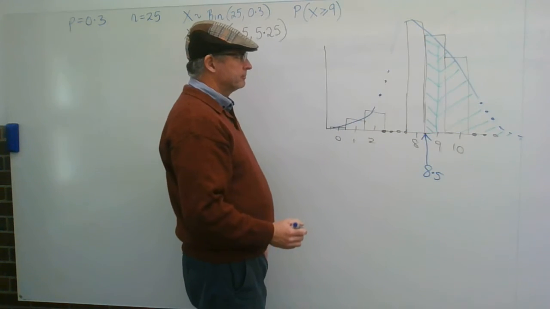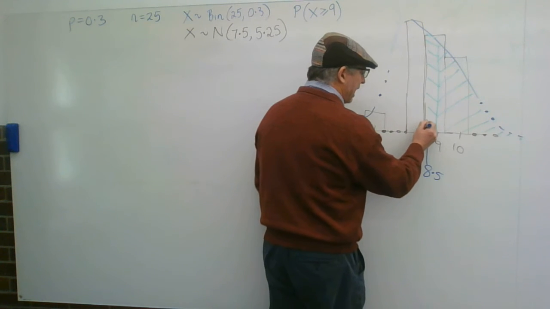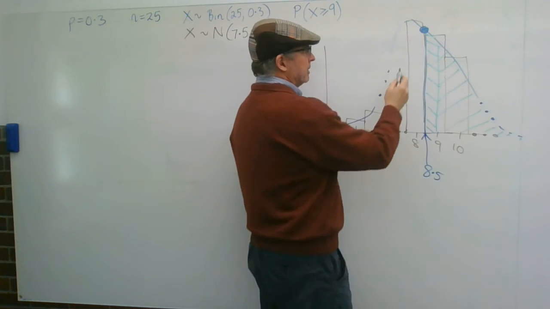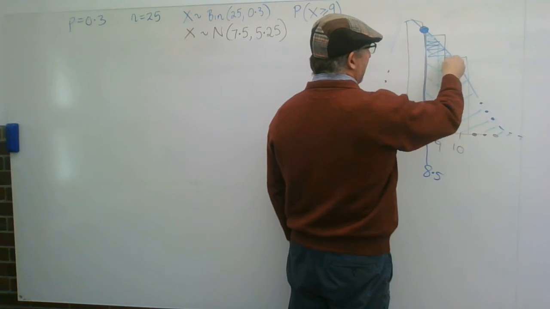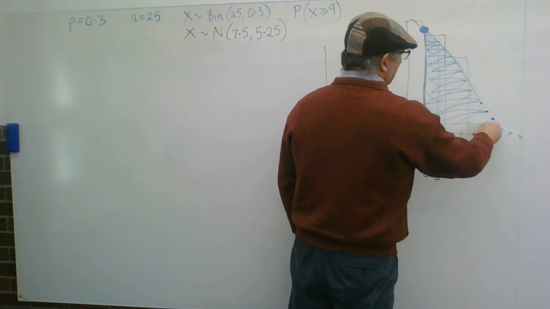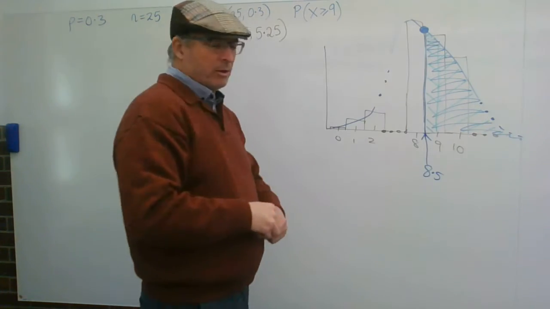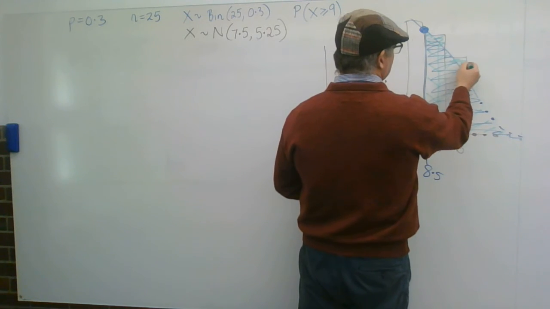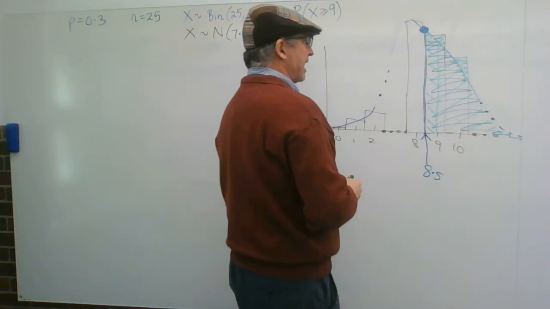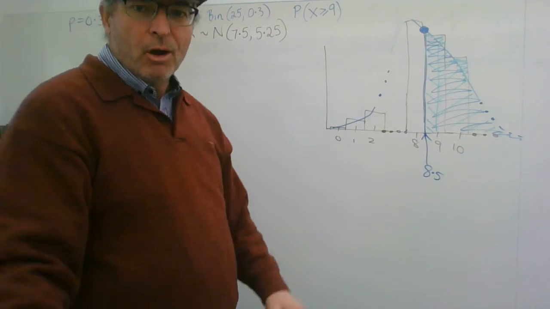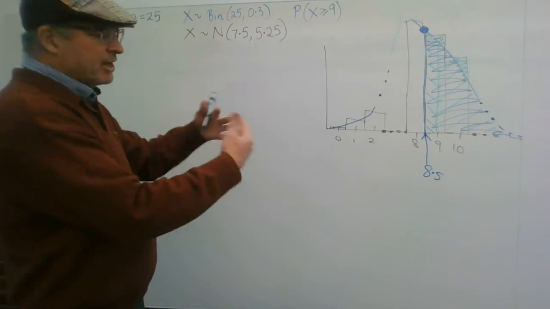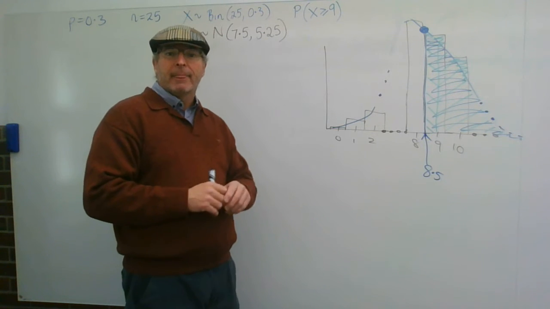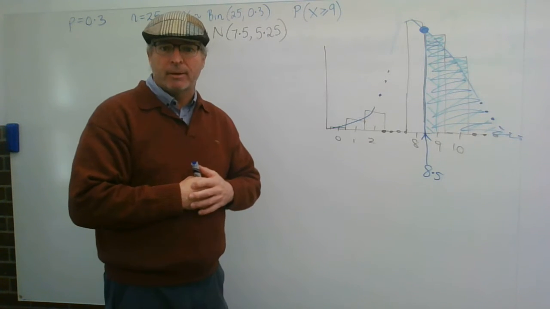So we come up here at 8.5 to the normal, and we're going to be looking at the area under this normal curve to approximate the green stuff, which is that stuff there. So I need to go from 8.5, and we discussed this another time: if you need to include the column, you've got to be careful.